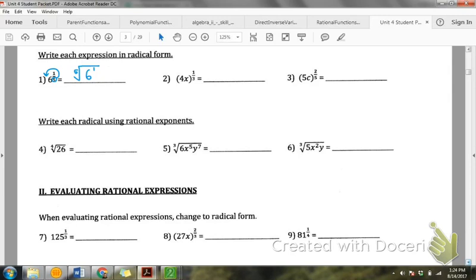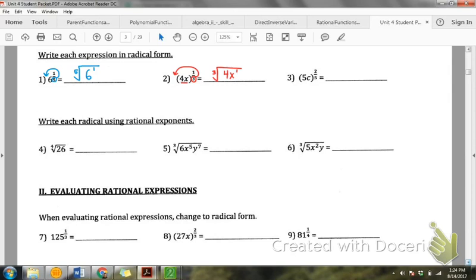Okay, that's all. Okay, so number 2, we know that we have something now in parentheses. So if it's in parentheses, you need to make sure that you keep it in parentheses, okay? So the 3 is going to come out, right? And that's going to become the root. And then we're going to put 4x underneath here to the first power.